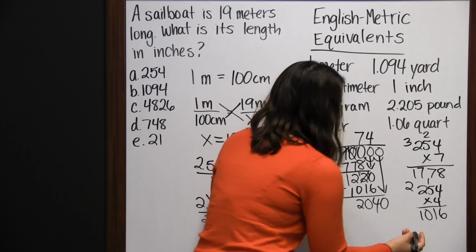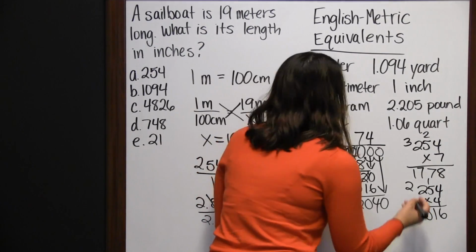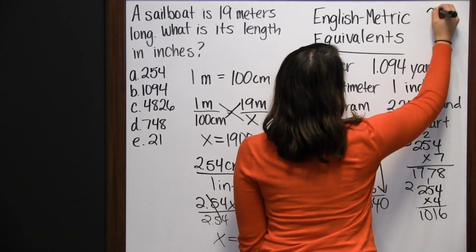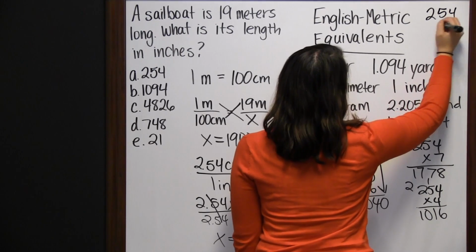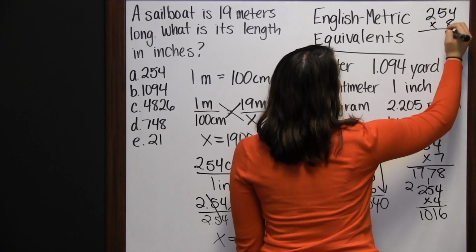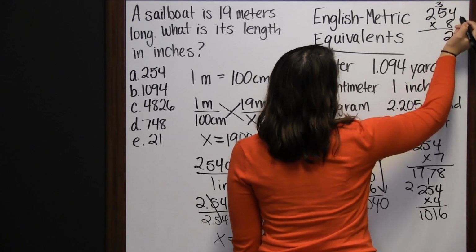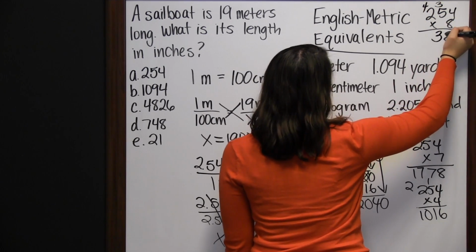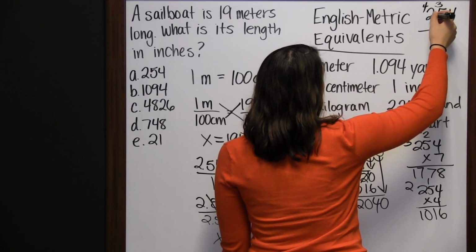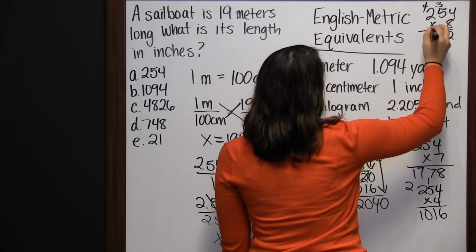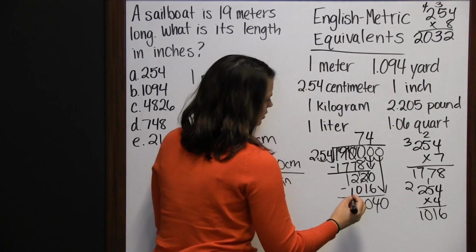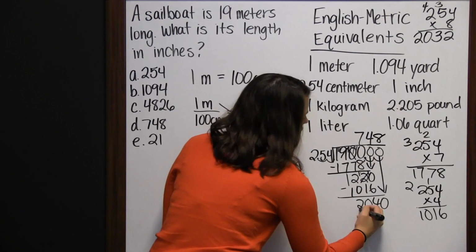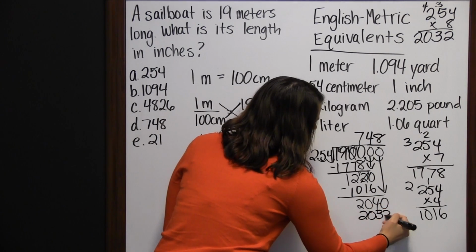So let's check that. See where I have some room. We'll just do it up here. 254 times 8. 8 times 4 is 32. 8 times 5 is 40, plus 3, 43. 8 times 2 is 16. 16 plus 4 is 20. So 8 times is correct, and it's 2,032.